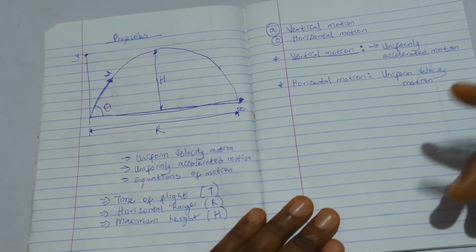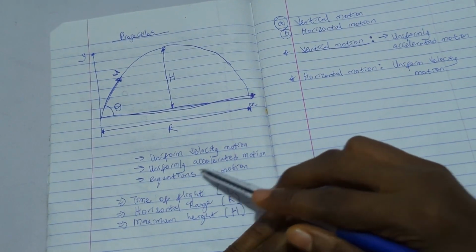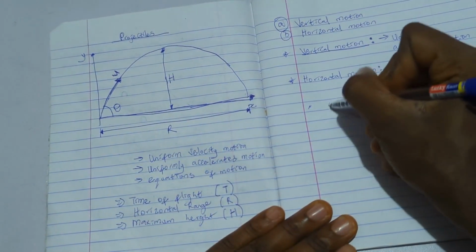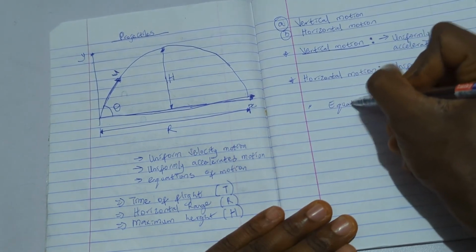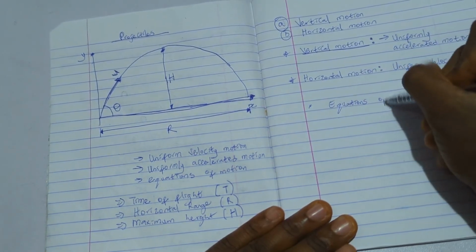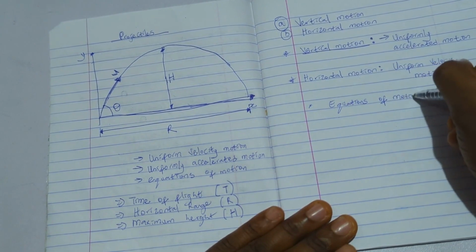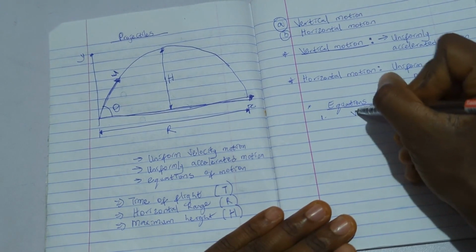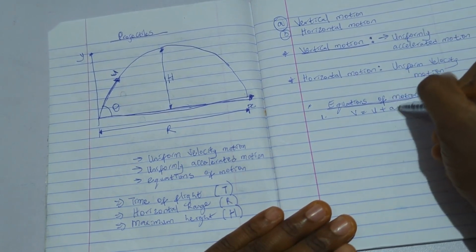And as a summary, the third thing I asked us to learn: the equations of motion. What are the equations of motion? One more time, we have three of them. The first one is v equals u plus at.